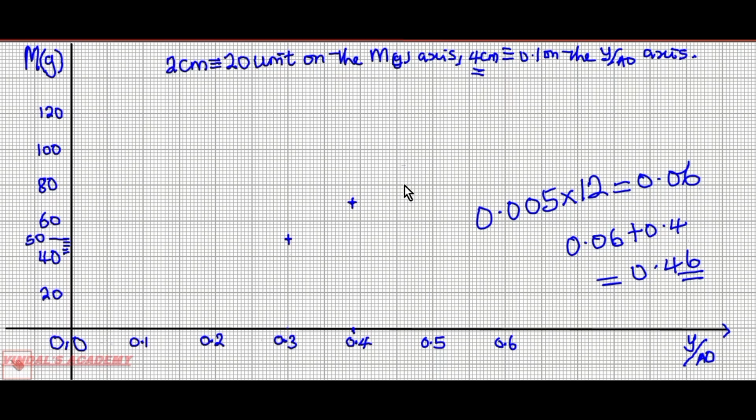You need to take that decision, very, very important, before you mark your point, so that you will not make a mistake. So that is the point, that is 0.46. Because I'm not plotting all the 4 decimal places at the same time, I'm plotting to the 2 decimal places. So that is the line.